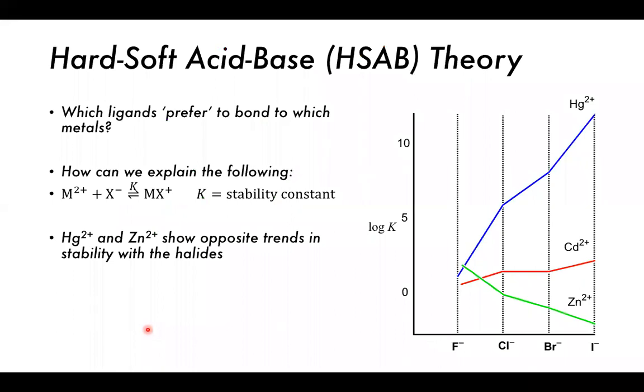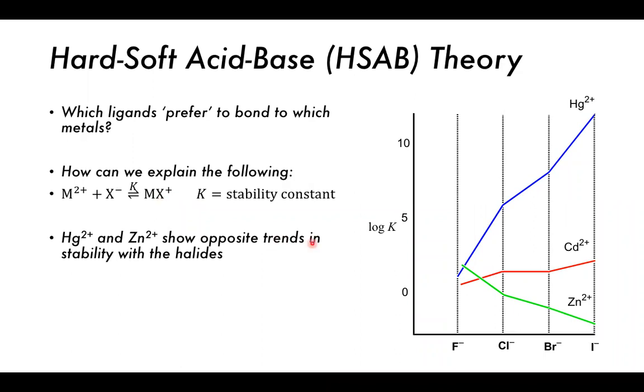So, hard, soft, acid, base theory. Which ligands prefer to bond to which metals? How can we explain the following? If we've got a particular complex formation, M2+ plus X minus, with the stability constant K, equal to MX+. Mercury 2+ and zinc 2+ show opposite trends in stability with the halides.